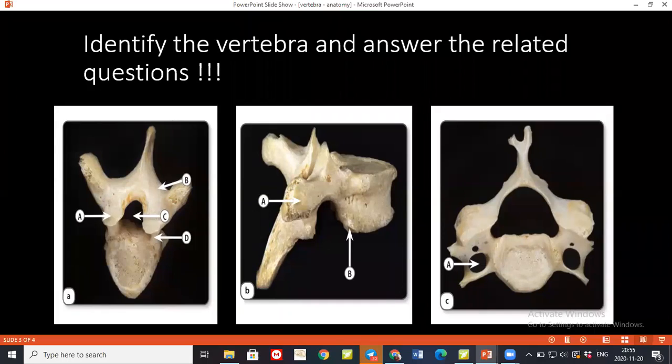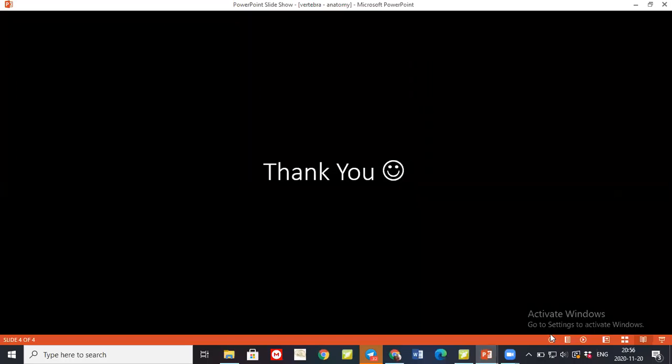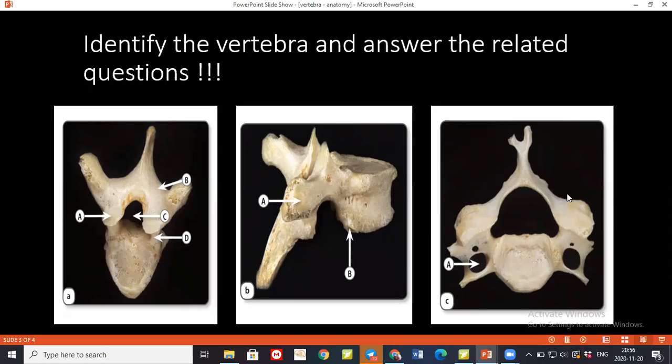In the cervical region, how many cervical vertebrae have the features of being atypical? Actually, it's C1, C2, and C7. Can you quickly tell me the differences in them? In C1, there is no vertebral body, and there lies a groove for the vertebral artery on the posterior arch.